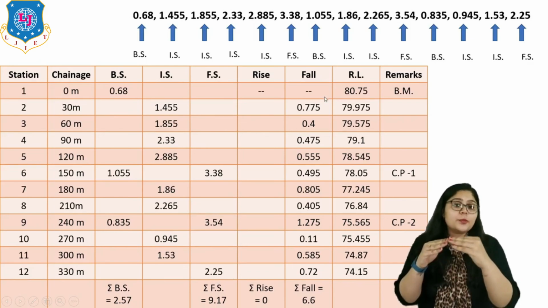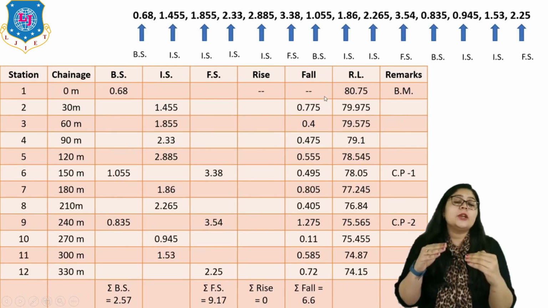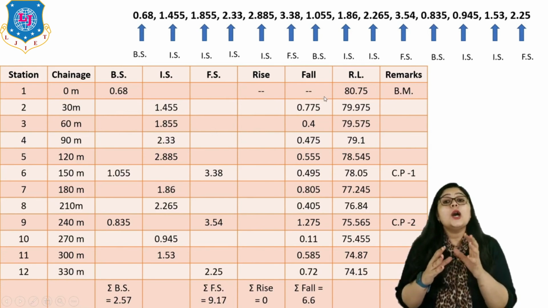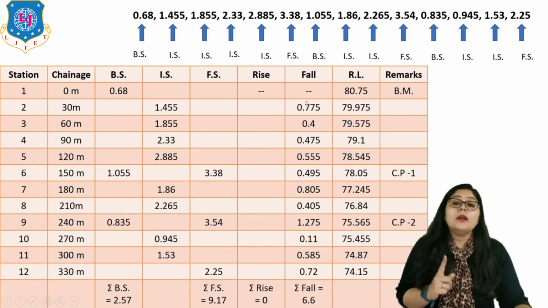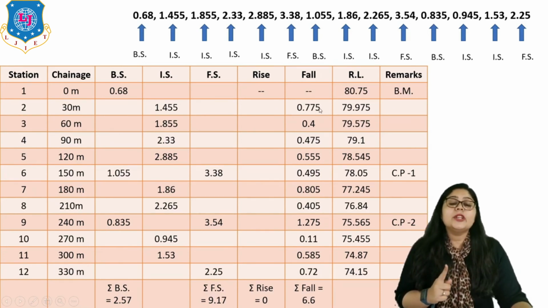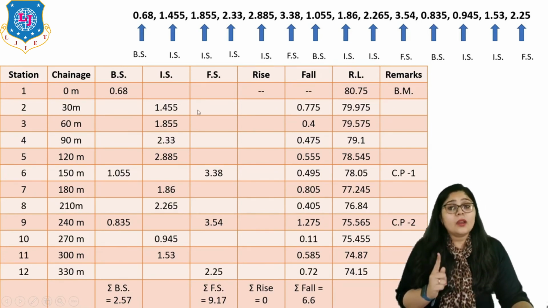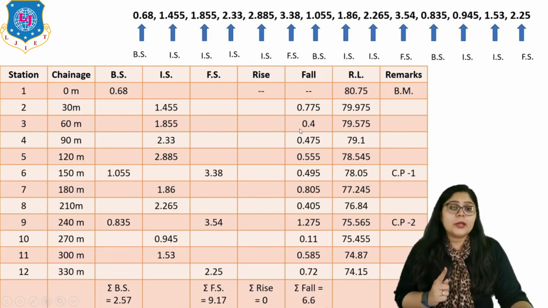So with respect to the first point, 0.68 minus 1.455, which is a fall, right? So I am getting a minus value, so I put this value in the fall column. Likewise 1.455 minus 1.85, whatever the value is, again minus, so fall. 1.8 minus 2.3, 2.3 minus 2.8, again these all are falls, and here you can see 2.88 minus 3.38, again it is a fall.